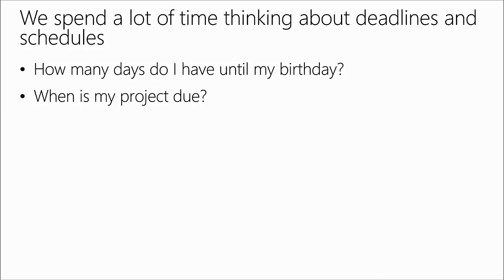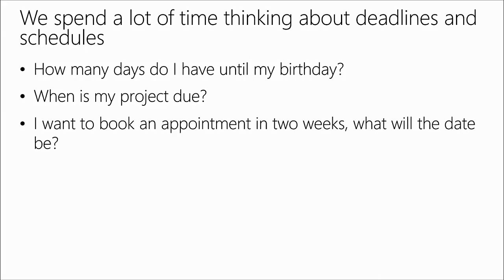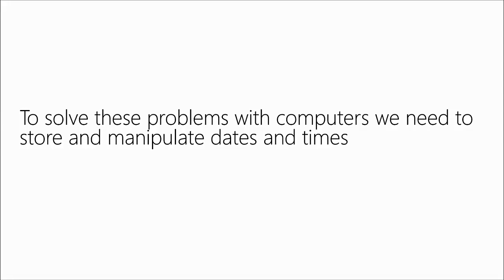Based on a project being due, is it late or is it on track? If I'm looking to book an appointment two weeks from now, like a follow-up appointment with the doctor. Or my contacts are 30 days, so I have to remember to pull them out after 30 days. So how do I do something like that?